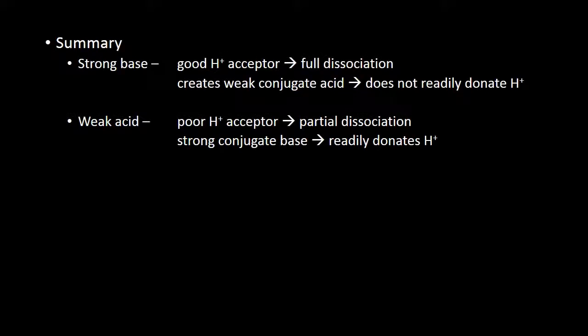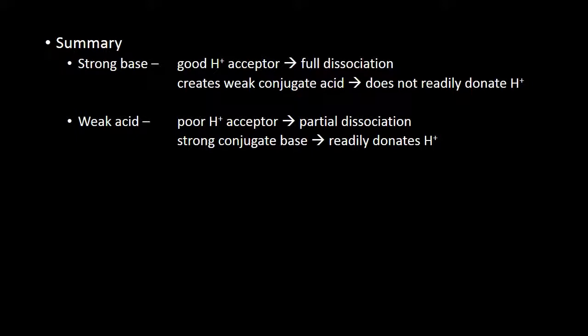So just like in acids, a strong base is a good proton acceptor, because in Bronsted-Lowry, an acid donates, a base accepts. So because it's such a good proton acceptor, it causes full dissociation. Therefore, it creates a weak conjugate acid, which will not readily donate that proton.